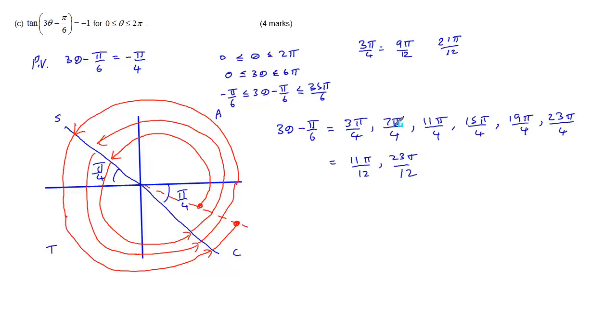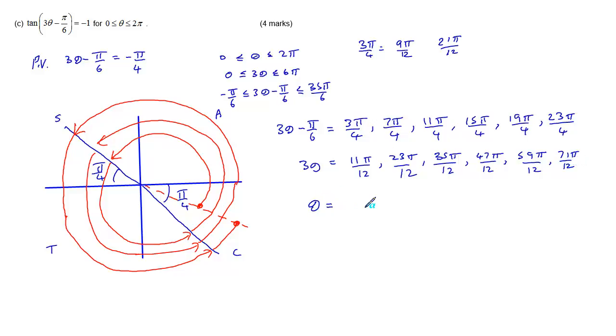And of course, just like these ones, they must go up in an even gap. So 11 to 23 is add 12, so the next one's going to be 35 pi by 12. Add another 12 onto 35, and that's going to be 47 pi by 12. And then we're going to have 59 pi by 12. And finally, 71 pi by 12.